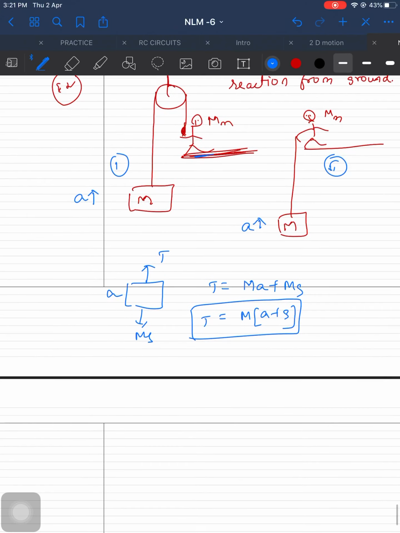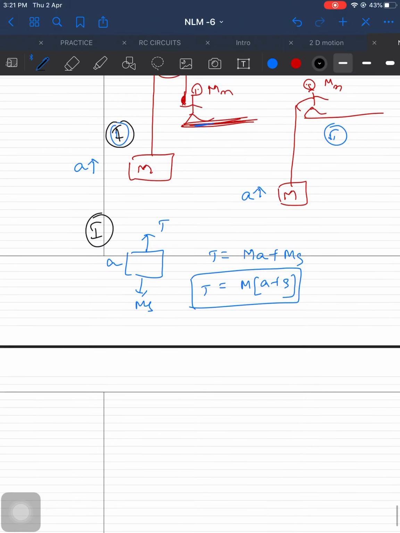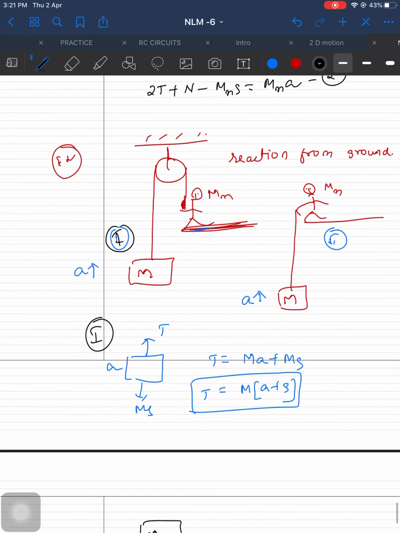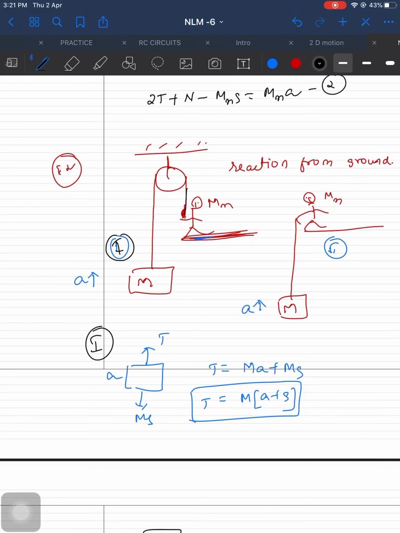Now remember, we are doing the first case. Next, the man's free body diagram. Mass of man. Listen, see carefully. The tension on the man, is it acting downwards or upwards? Upwards tension. Normal is in the upward direction, and Mm g in the downward direction.